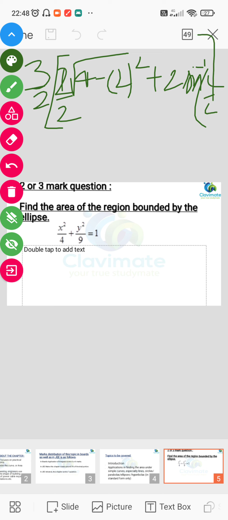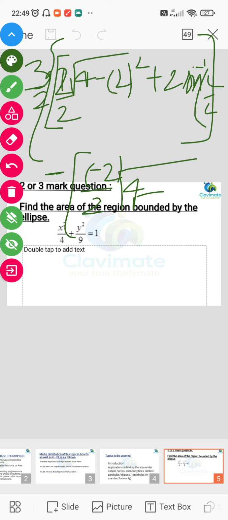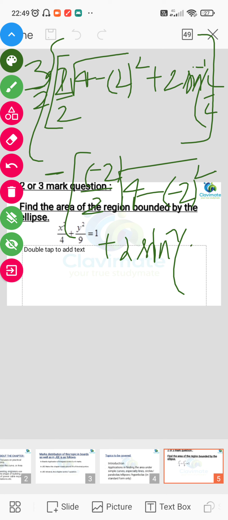So this is our upper limit. Now let us put the lower limit. What do I have to write in place of x? Minus 2. So minus 2 by 2 under root 4 minus minus 2 square plus 2 sine inverse x upon a. So I have to write minus 2 upon a, and a is 2, right?